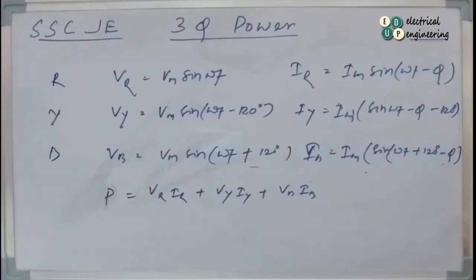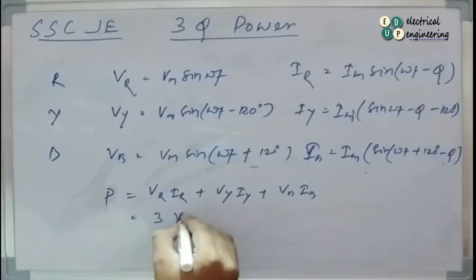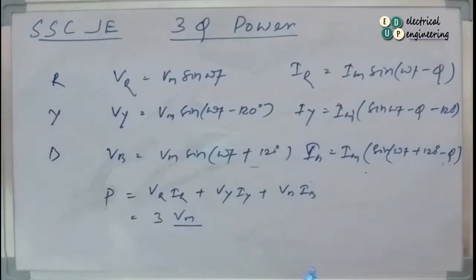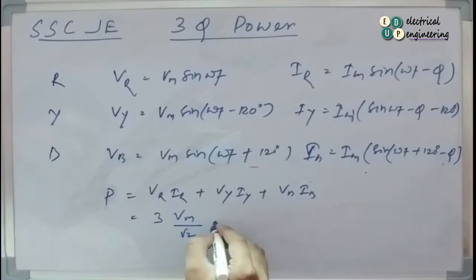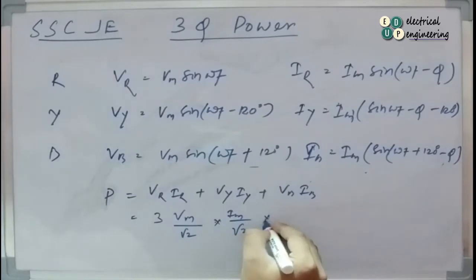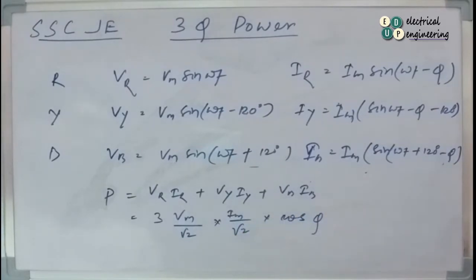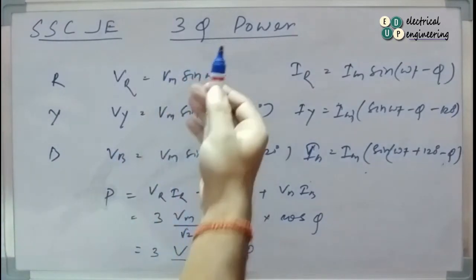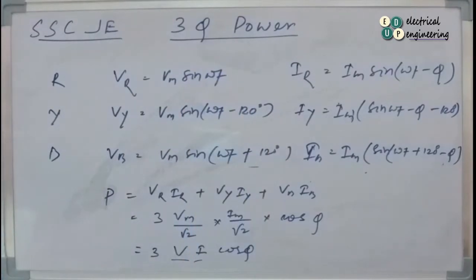Okay, and the equation you will get is 3 Vm by root 2 into Im by root 2 into cos phi, or just write V RMS I RMS cos phi, that is 3 V I cos phi. Here you can see this V and I are the phase voltage and phase current. Got it?